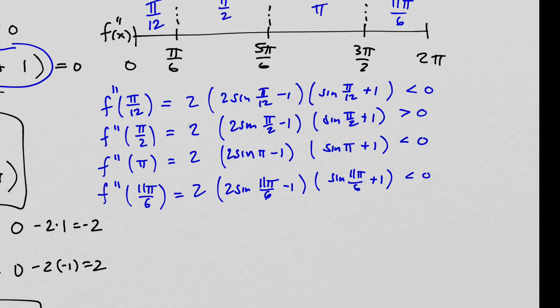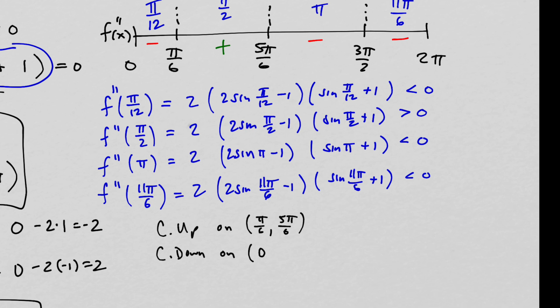So this means our second derivative is negative here, and negative here, and only positive here. So for concavity, it is concave up on the interval from pi over 6 to 5 pi over 6, and it is concave down everywhere else.